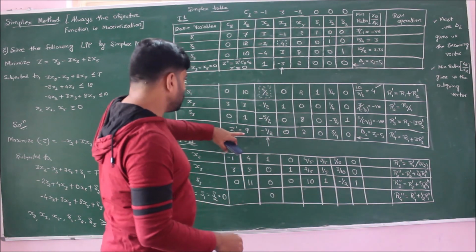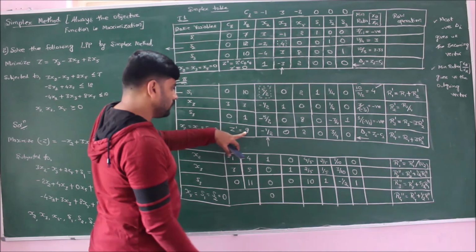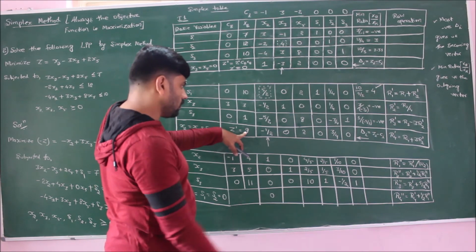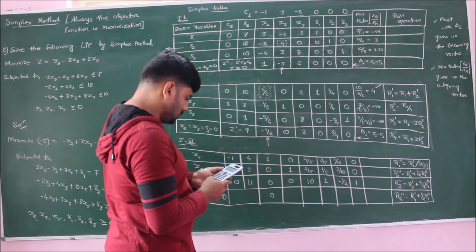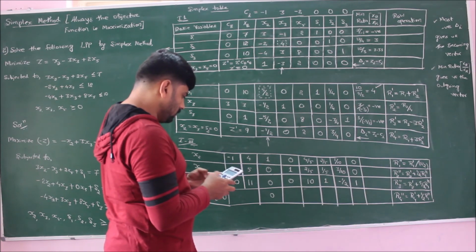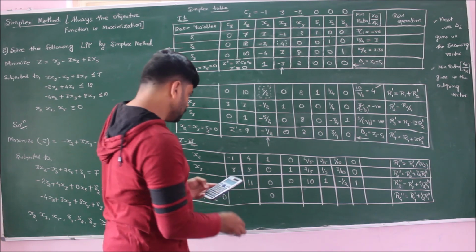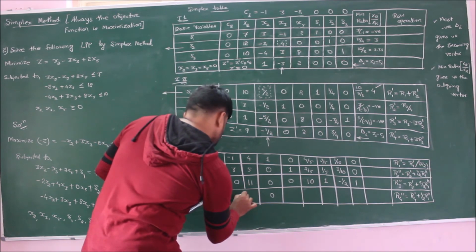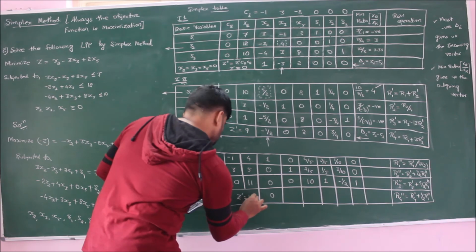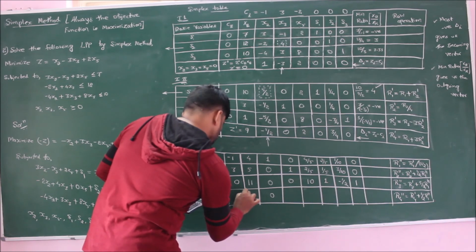Now moving to the last, fourth row, we have 9 here, so 9 plus 1 by 2 into 4, which gives us the value as 11. So therefore z prime is equal to 11.